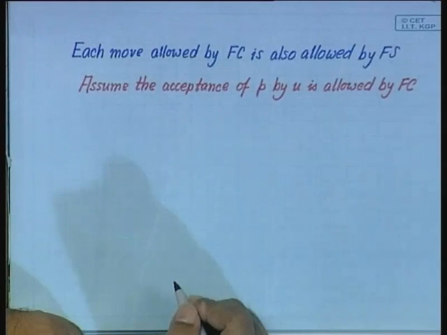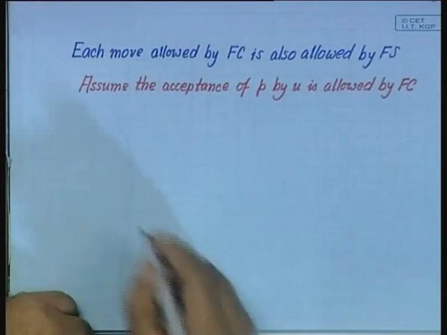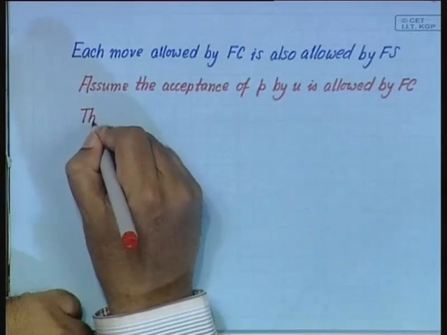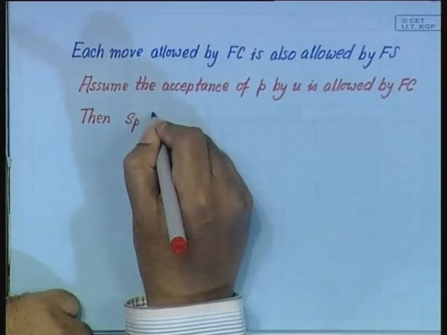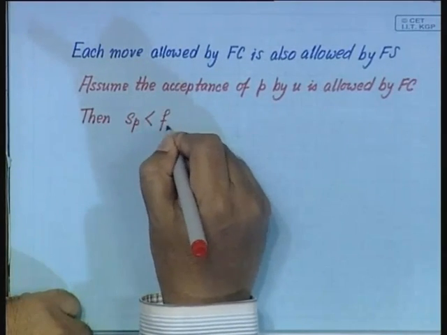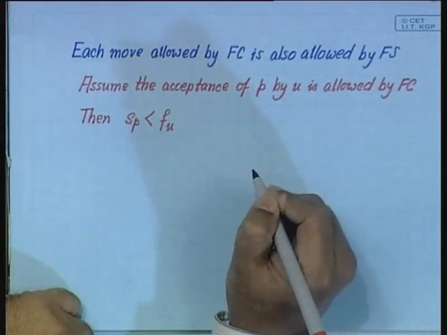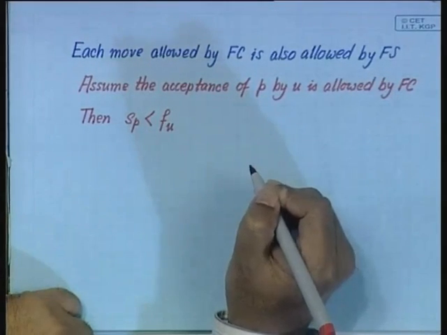Okay. Then SP is less than FU, right, and what is FU?